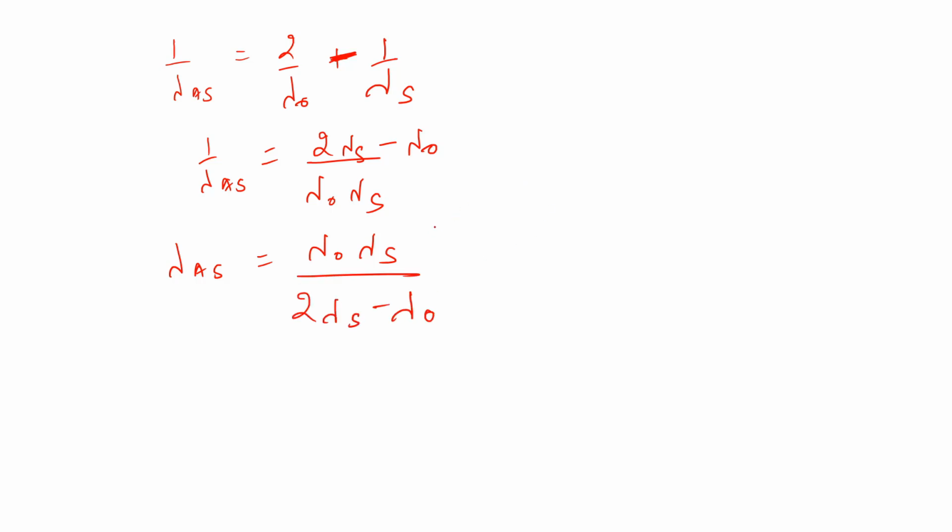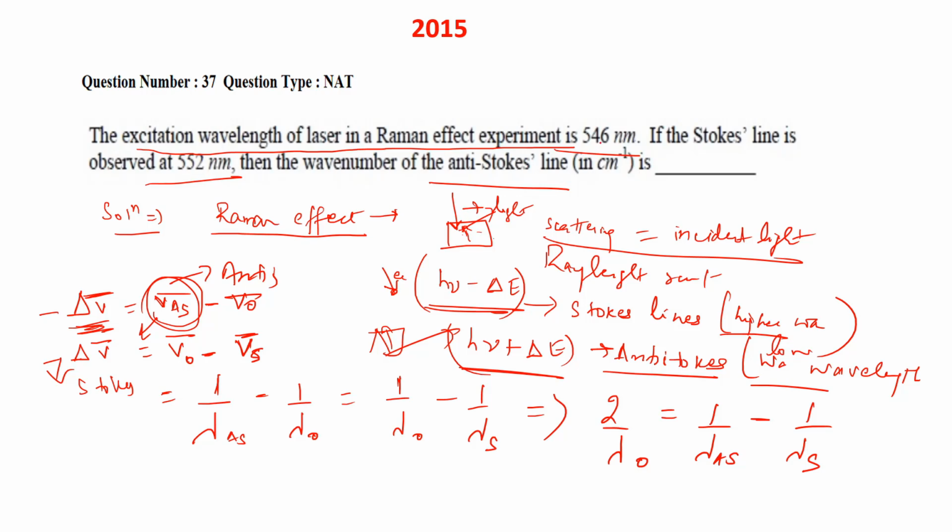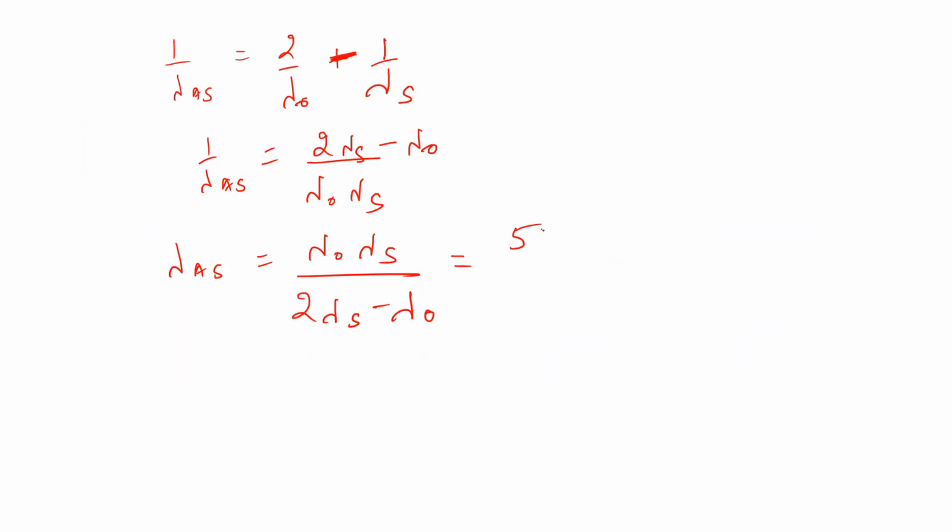Just put the values. Now we know this is 546 nanometer, and this is 552. So it is the Stokes line. We know the Stokes line occurs at a wavelength higher than the wavelength of incident light.